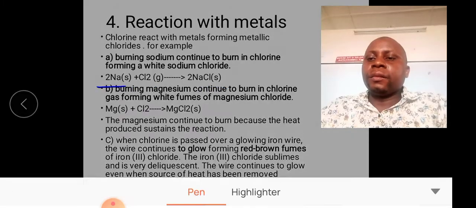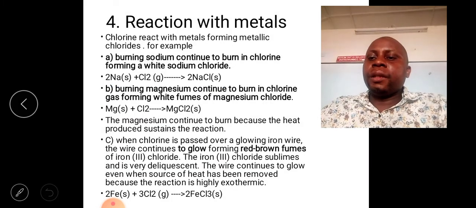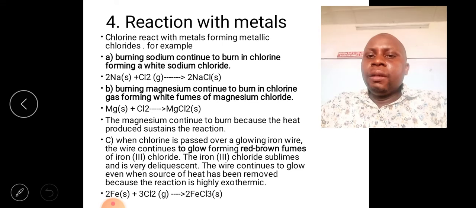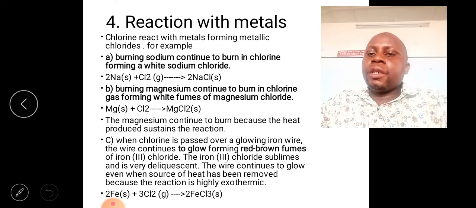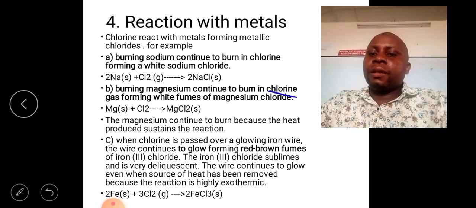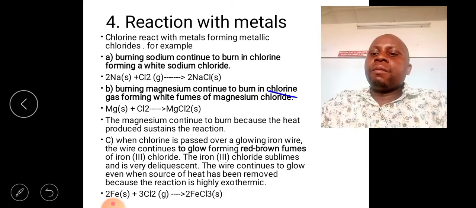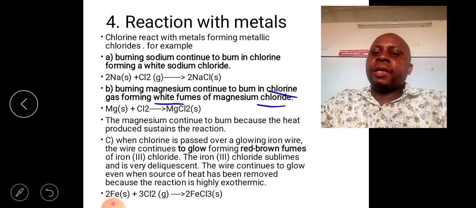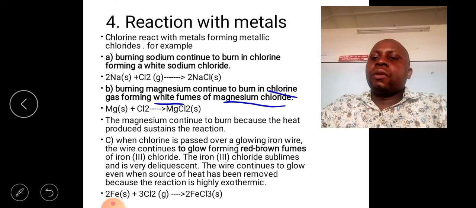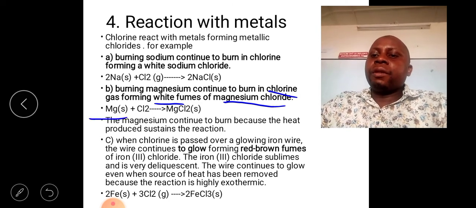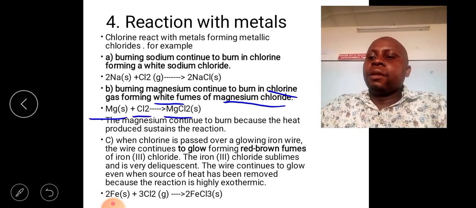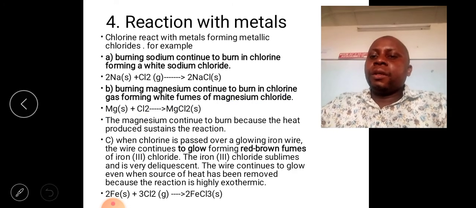In a similar way, magnesium continues burning in chlorine gas, and it forms white fumes, which is magnesium chloride. So we say here that magnesium reacts with chlorine to form magnesium chloride in the equation.